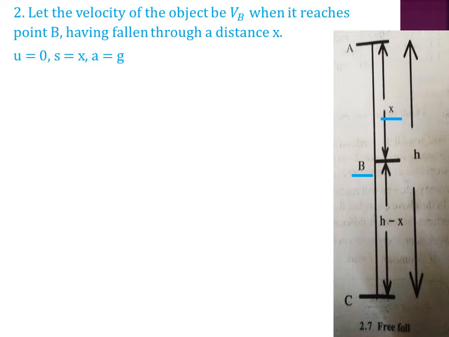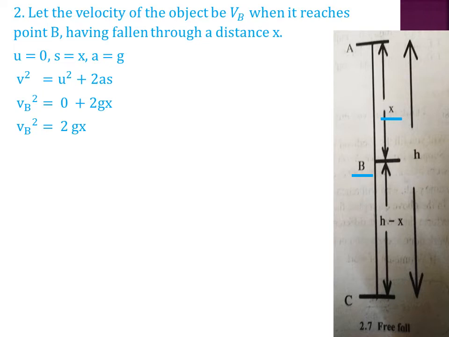Now we will use Newton's third equation of motion, that is v square is equal to u square plus 2as, and we will put the values in it. Here we are finding the velocity at point B, so Vb square is equal to initial velocity 0 plus 2gx. Now Vb square will be equal to 2gx.